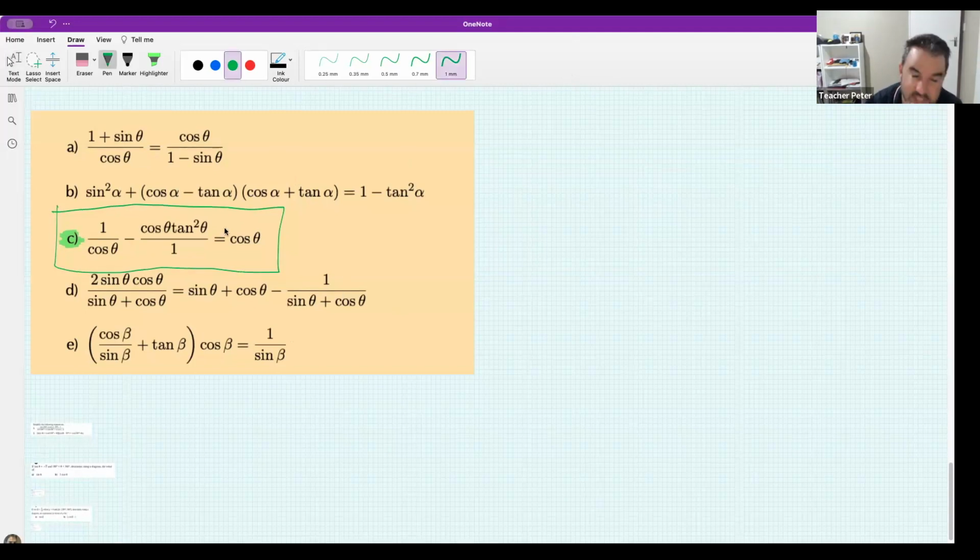Okay, I think I would definitely start with the left-hand side. That's my one tip to you. So why don't you start with the left-hand side and then see where life takes you from there.